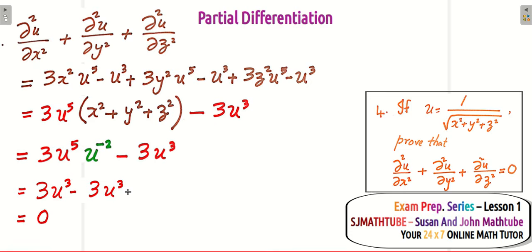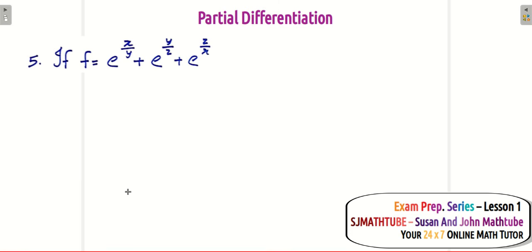Okay, now let's move ahead. Wow, we have another symmetric expression, and please make sure you read this as said, not to. Okay, so we have the function is equal to e to the power x by y plus e to the power y by z plus e to the power z by x.